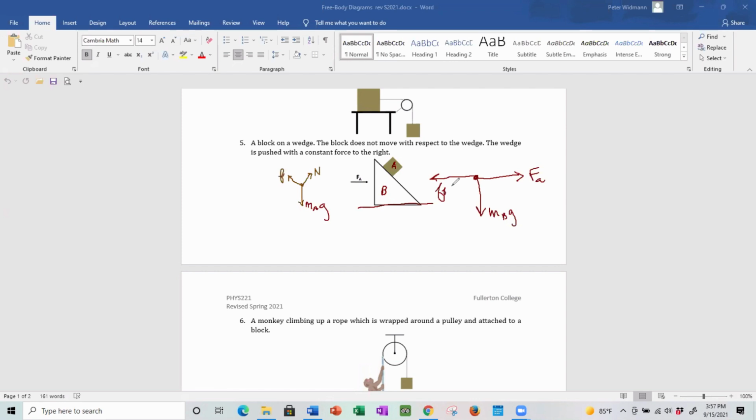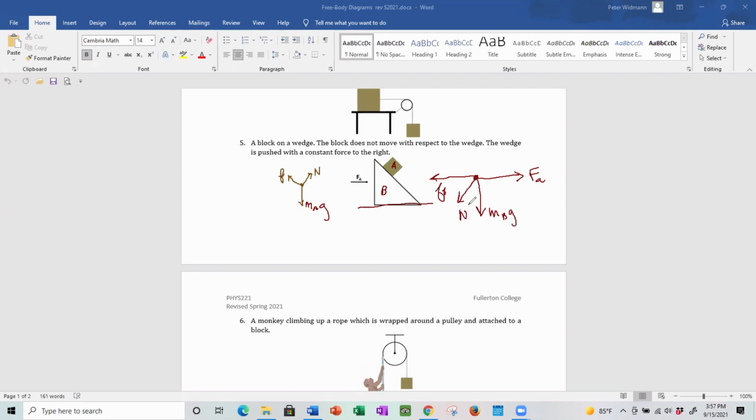And then there's the weight of A on top of B. Aha, but that is the reaction to the normal force of B on A. So there is a reaction to this force, and it is N in this direction. Very good.